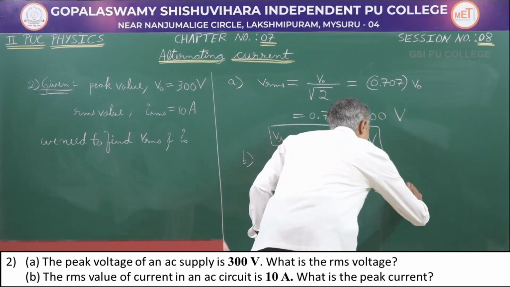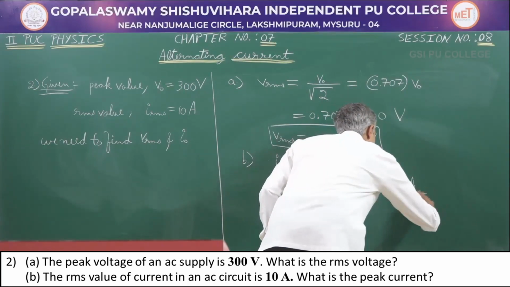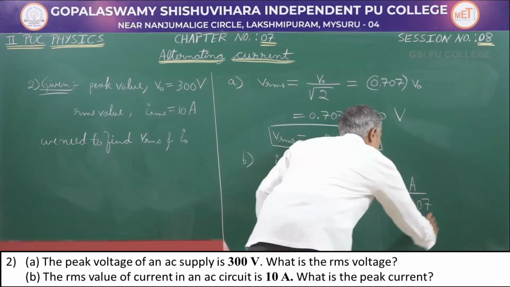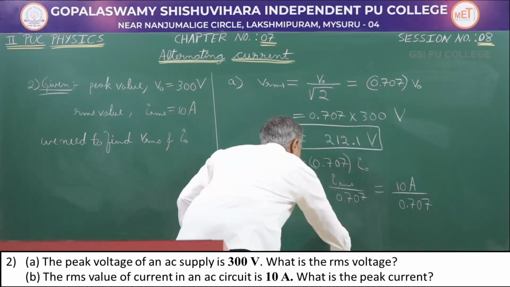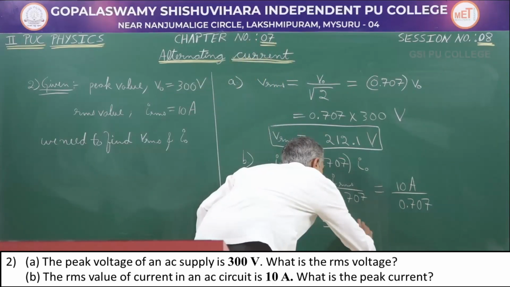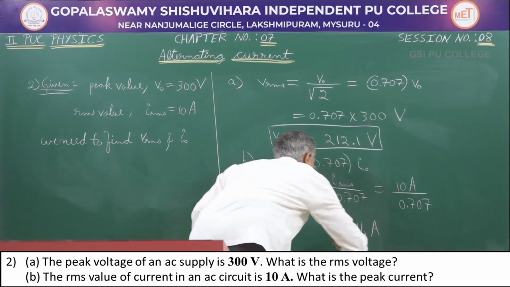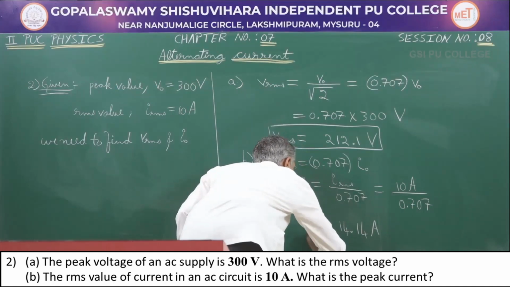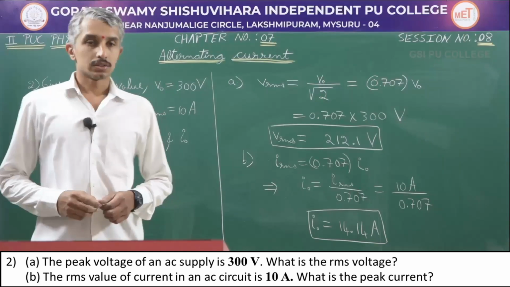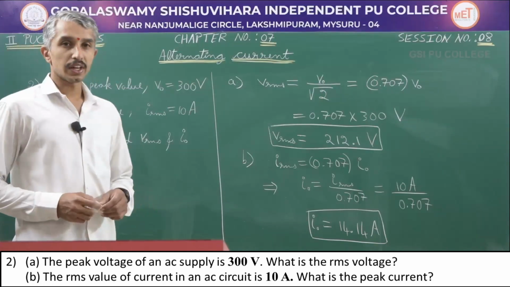So this is going to give me 10 ampere divided by 0.707. On calculation, I'll get it as 14.14 ampere. So we have solved the second numerical.